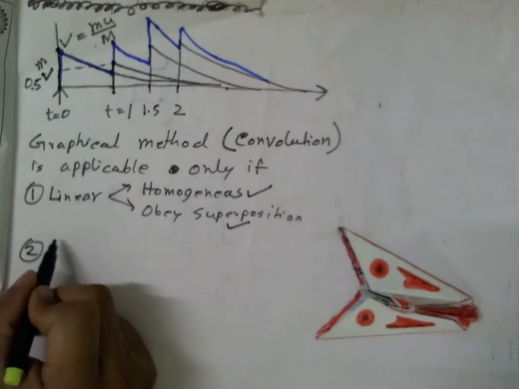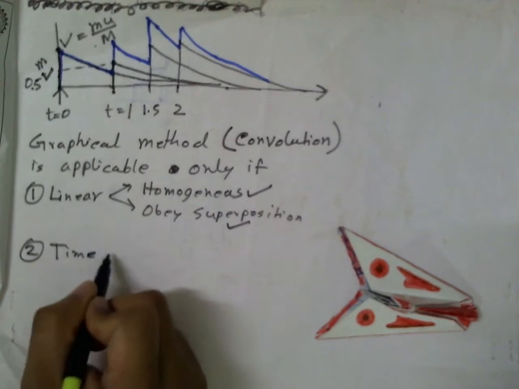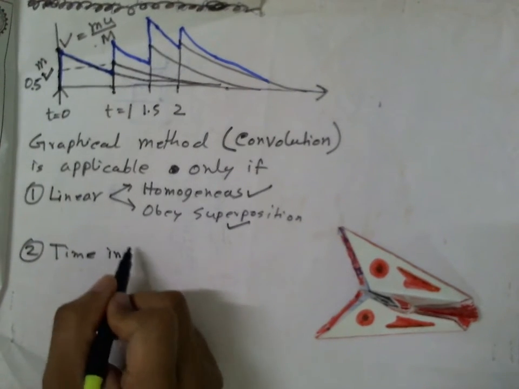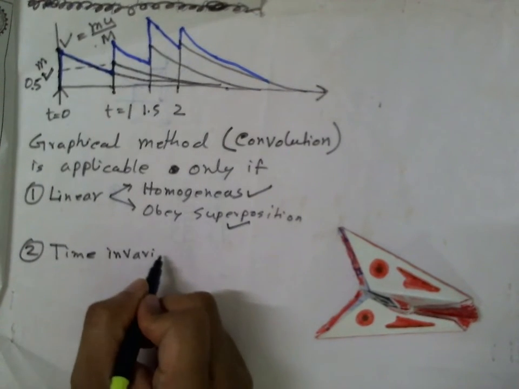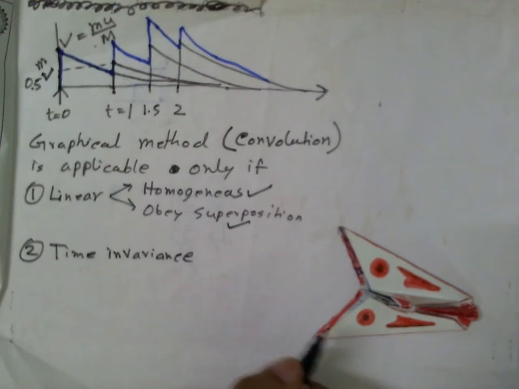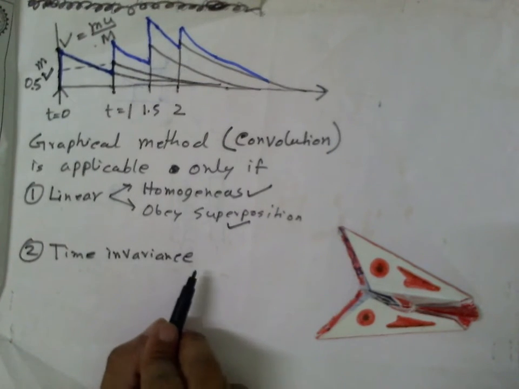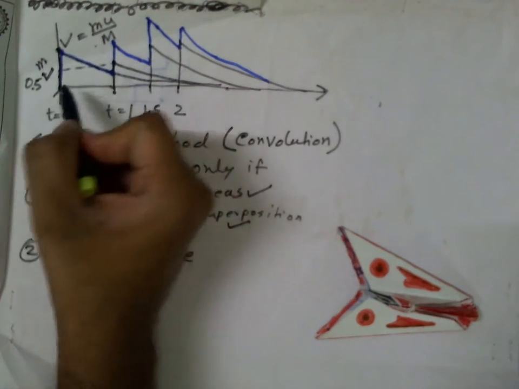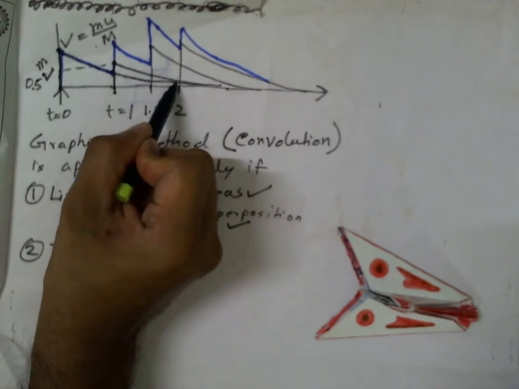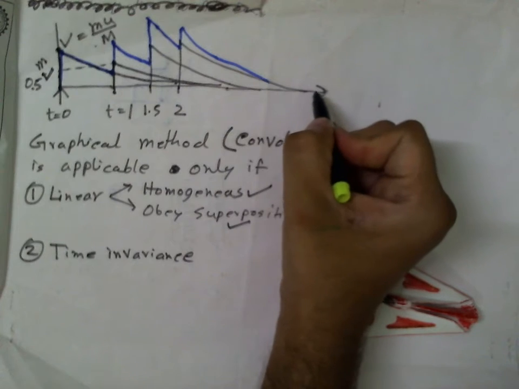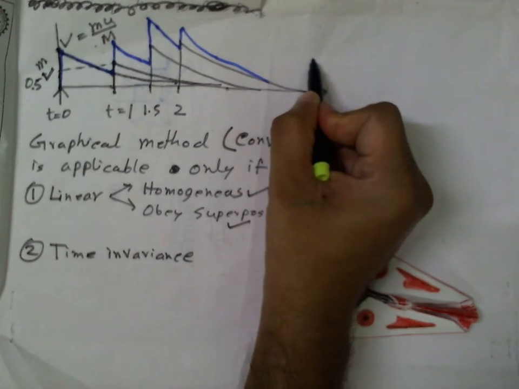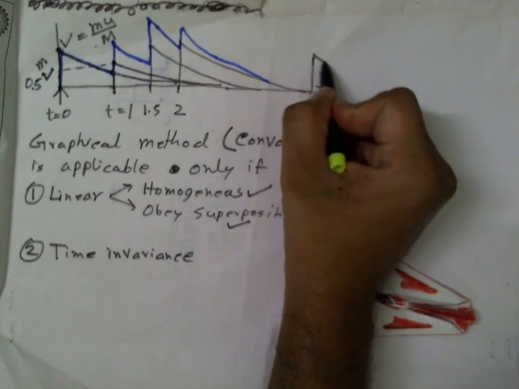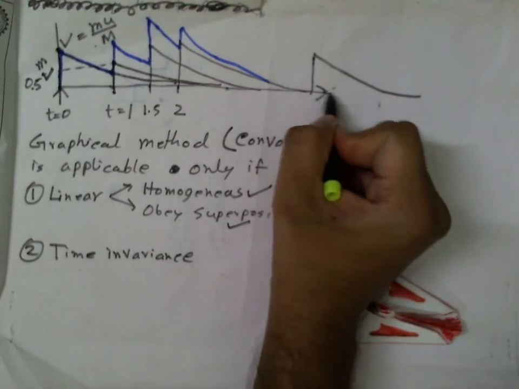Then we also need it to be time invariant. By this, what I mean is that if the impulse response at t equal to 0 is like this, then the impulse response at t equal to 10, 100, 1000 or anything should be again like this.